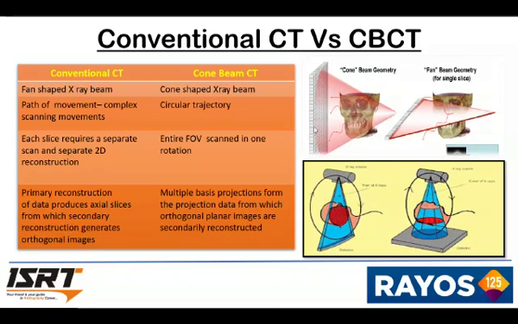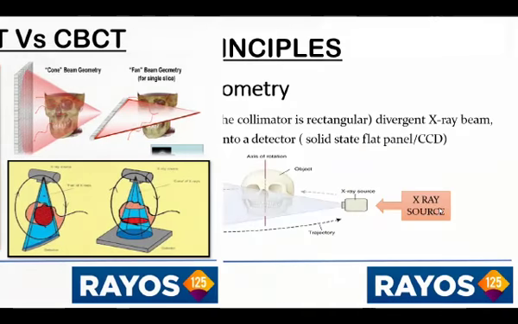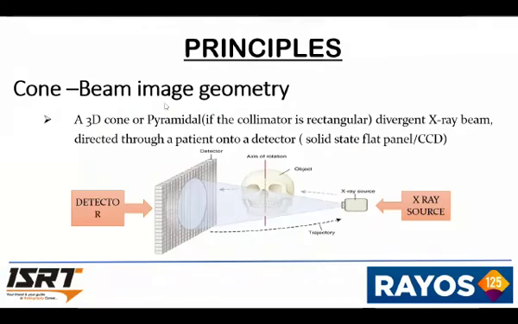So this is the cone beam CT schematic representation. Here the fan beam is used for the conventional CT. So this is the conventional technique, and here is the cone beam CT. The cone beam image geometry is a 3D cone, or pyramidal if the collimator is rectangular, a diverging X-ray beam directed through the patient onto a detector.